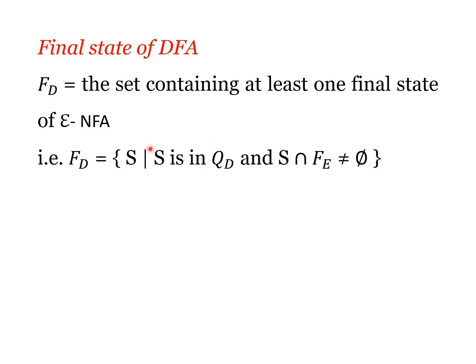Then it will be a final state only if it has a final state of your epsilon NFA. Otherwise, it is not a final state. So simply, if a state in a DFA contains any one of the final states of epsilon NFA, then it is also a final state of your DFA.